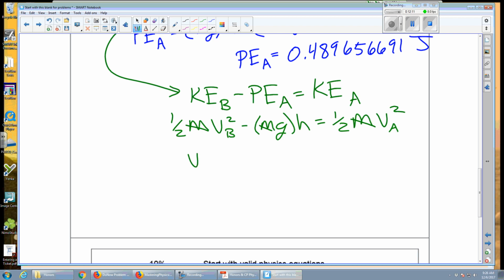So I end up with VB squared minus 2gh equals VA squared. Got rid of the m's because I had one in every term. Multiplied both sides by 2 because I don't like fractions.